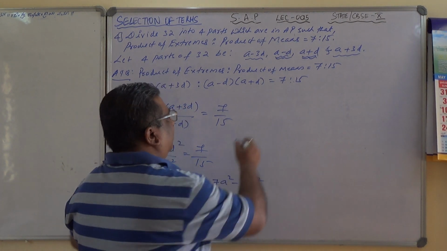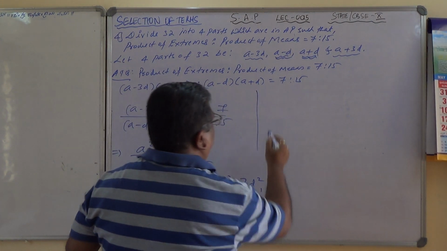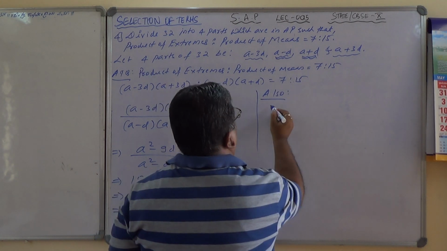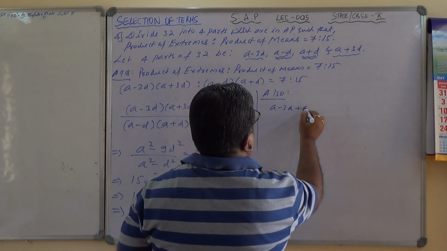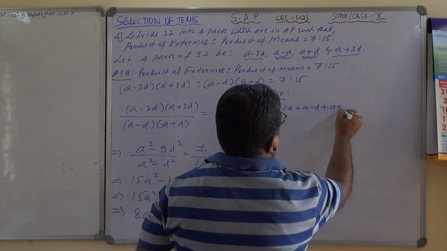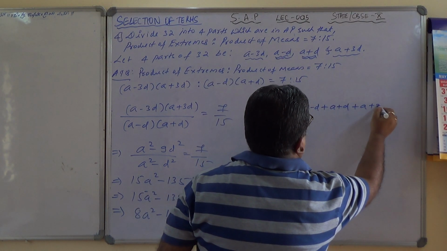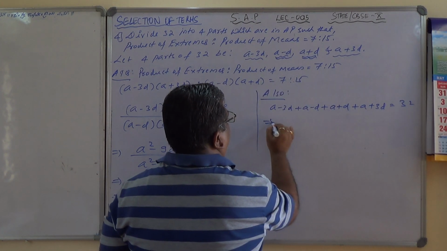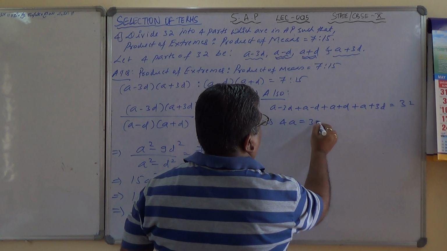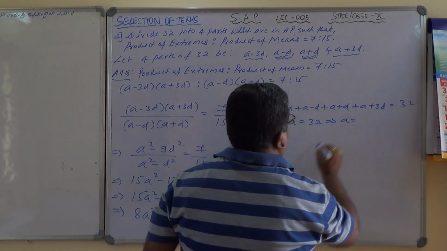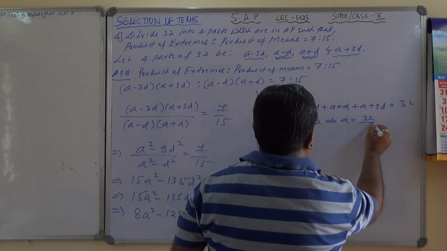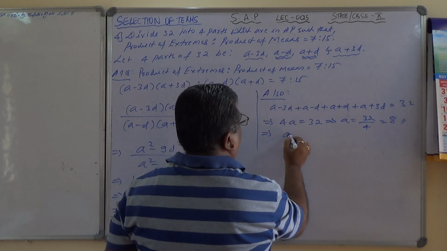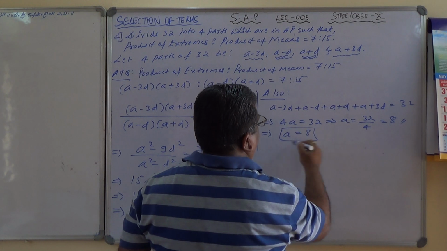To get the second equation, A minus 3D plus A minus D plus A plus D plus A plus 3D equals 32. This implies 4A equals 32, so A equals 32 divided by 4, which is 8.